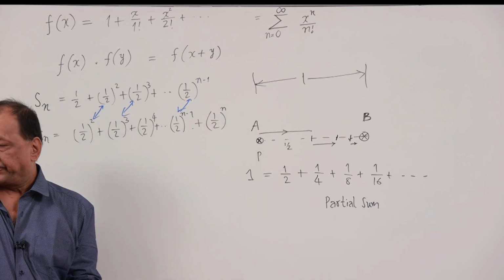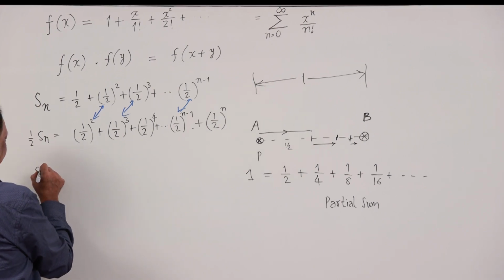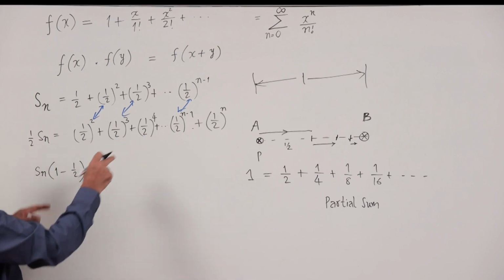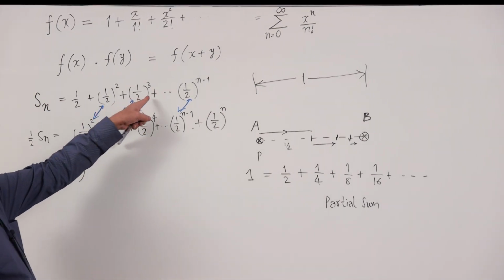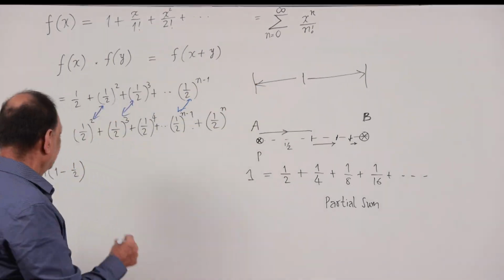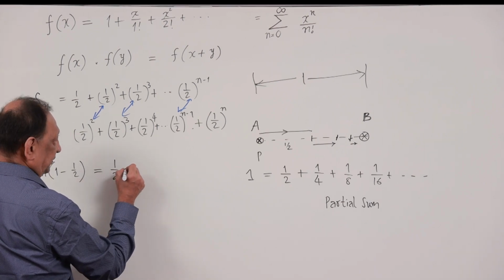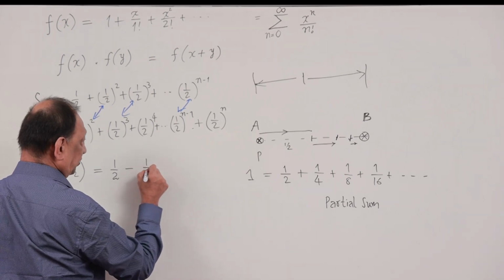You understand? Therefore, we do a subtraction. So what is Sn multiplied by 1 minus half? Subtract the second one from the first one. All these terms will go to 0, in any number of terms that you have. So the first half is not cancelled, so it is equal to half minus the last one also, which is not cancelled, half to the power of n.